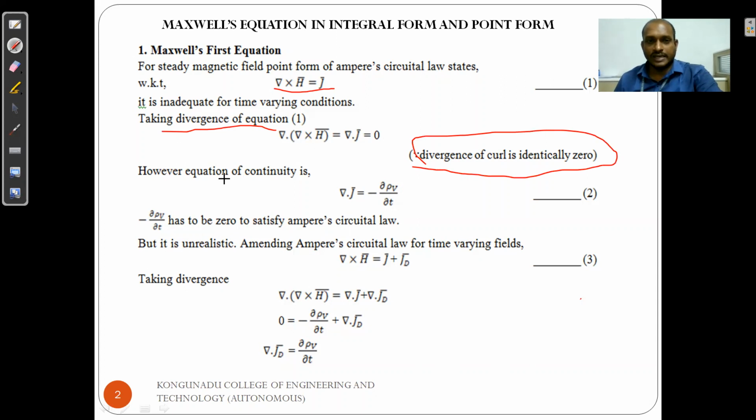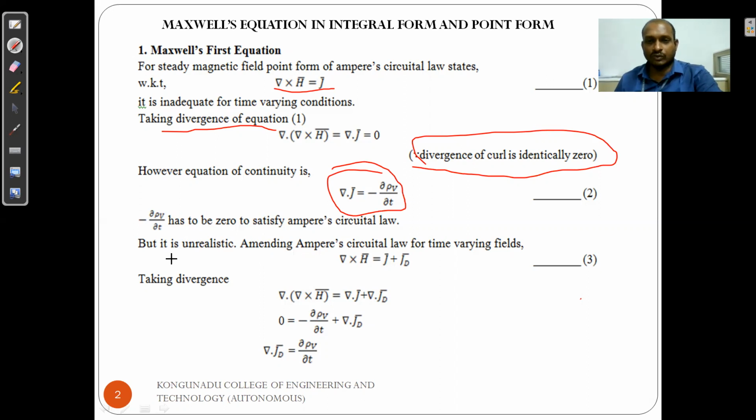However, the equation of continuity is del dot J is equal to minus dou rho v by dou t. This is the continuity equation. So this value would have to be 0 to satisfy the Ampere circuit law, but it is unrealistic.